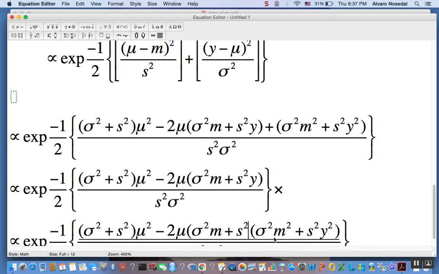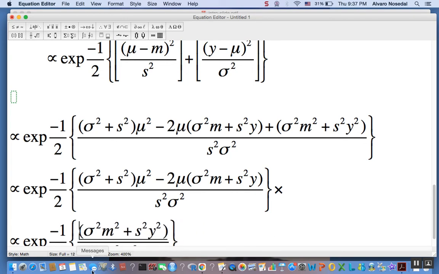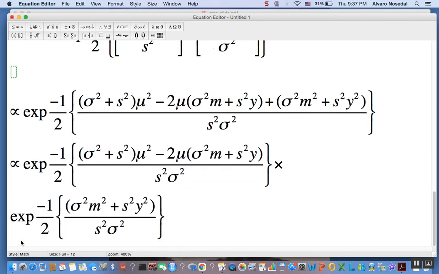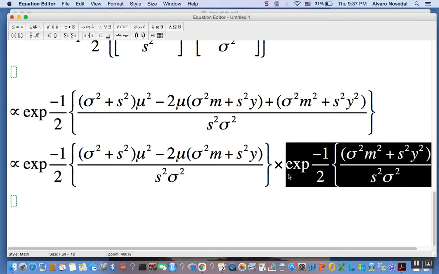And for this one we get rid of the first two terms. We're just breaking down that into the product of two exponentials, right? Just like that. Okay, can you see?